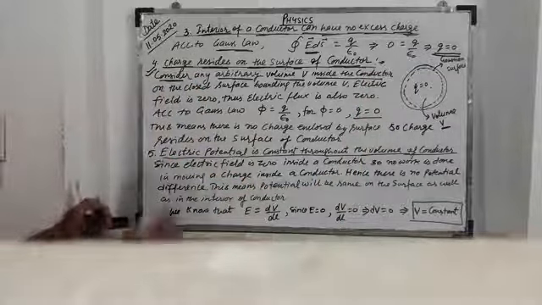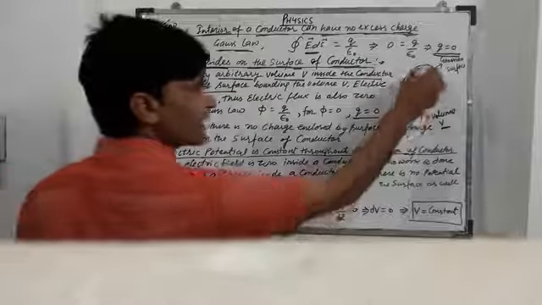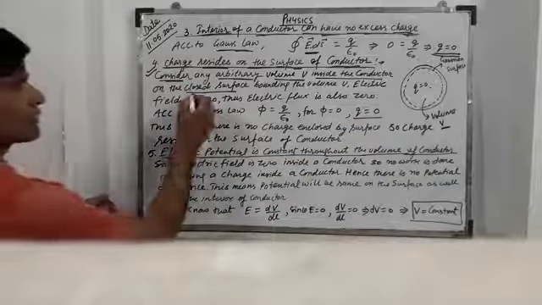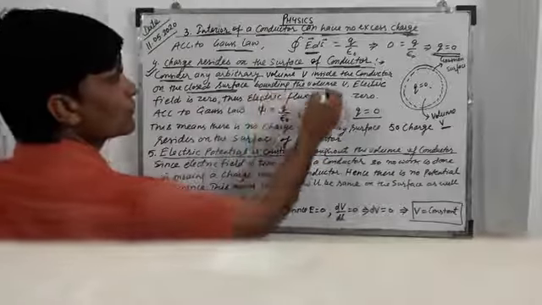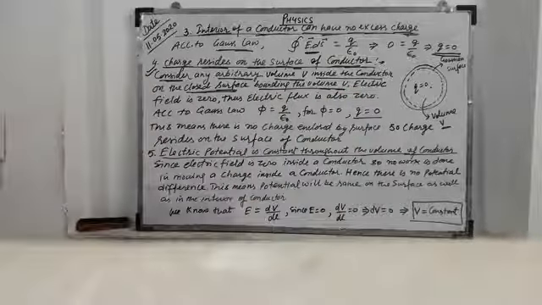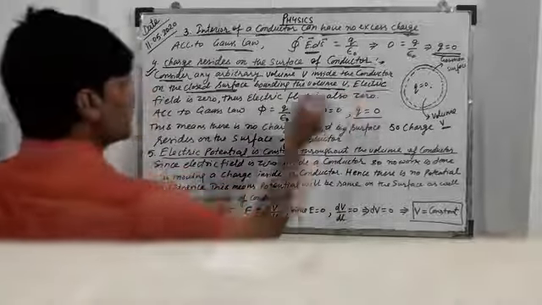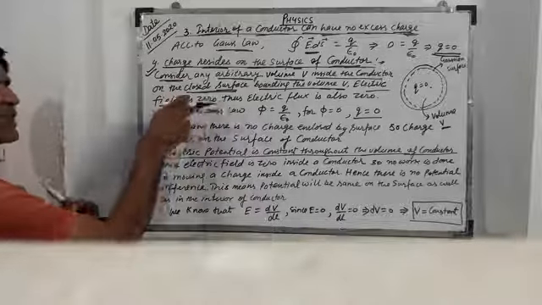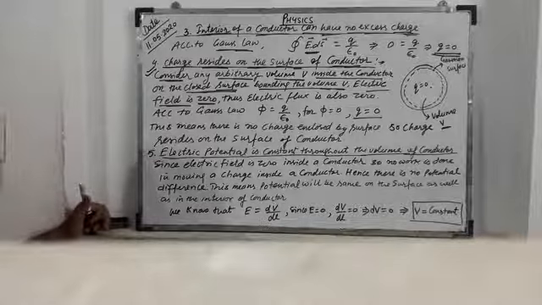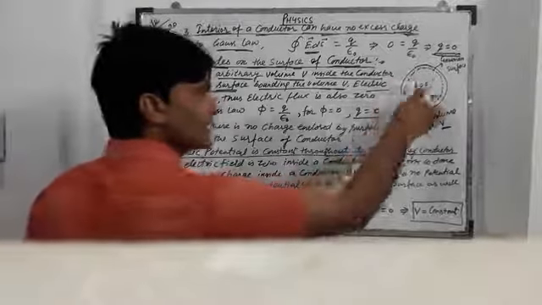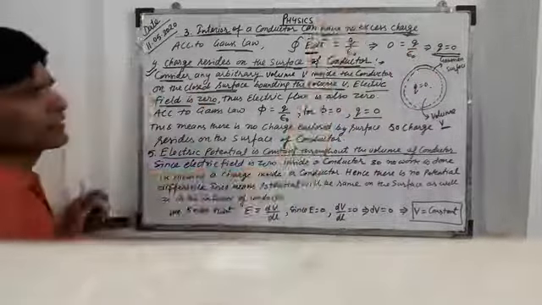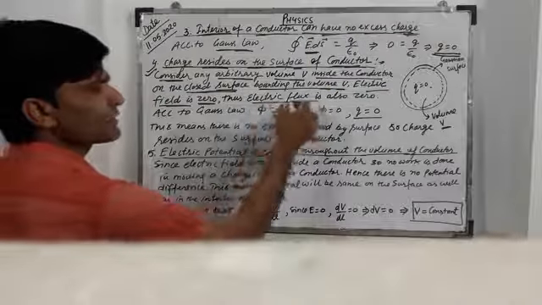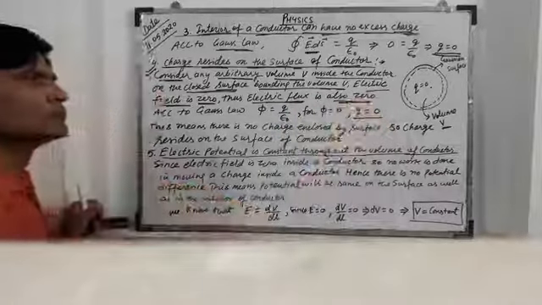Now, the dotted line represents the closed surface. On the closed surface bounding the volume V, electric field is 0 because inside a conductor electric field is 0 and this volume is inside the conductor. As electric field is 0, electric flux is also 0.